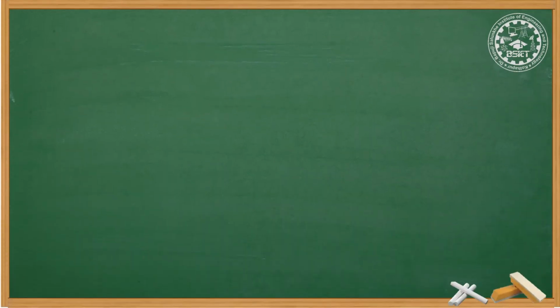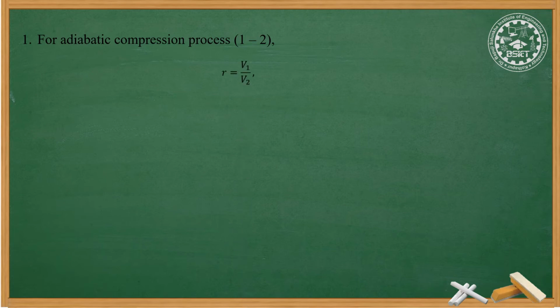Now considering the adiabatic compression process 1 to 2, in process 1 to 2 we know that r, the compression ratio, is equal to V1 upon V2 or V4 upon V3.